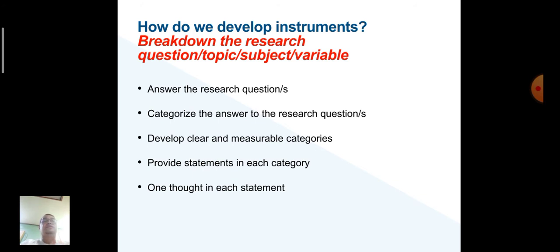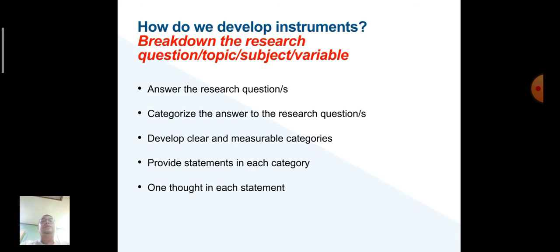For example, if you're asking a research question like, how did students cope in terms of their mental health during the pandemic? With that kind of research question, you will be thinking of the different coping mechanisms that the students have used in coping with their mental health during the pandemic.